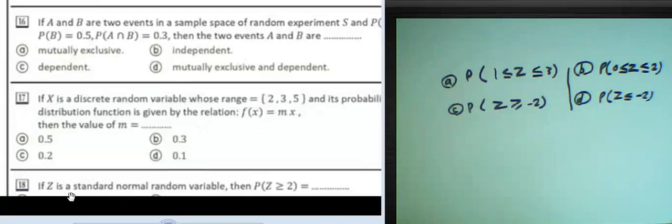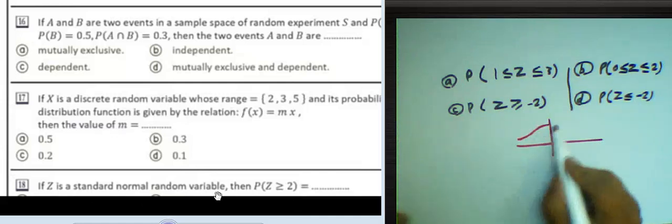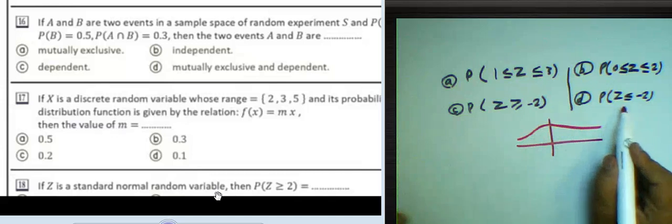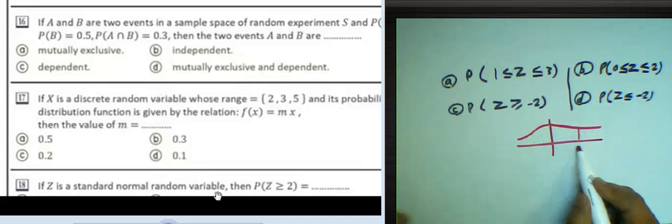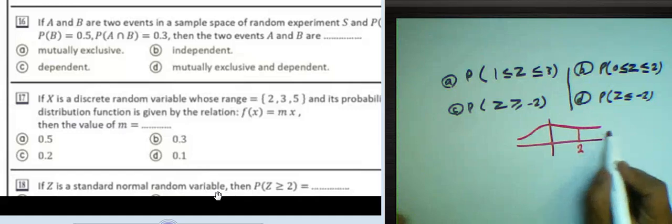Question 18. If Z is a standard normal random variable, then the probability of Z greater than or equal to 2 equals what? Letter A or B or C or D. We can draw here. He tells us a standard normal random variable Z. We have Z here. Look at this curve about the probability of Z greater than or equal to 2, this part.